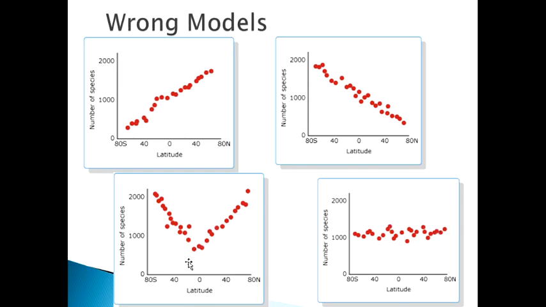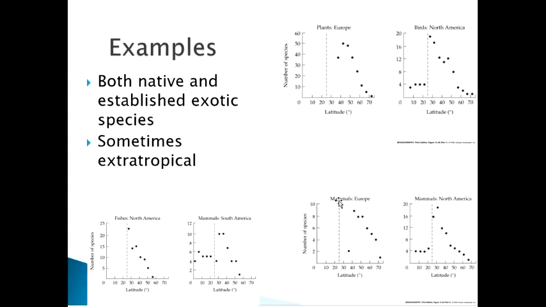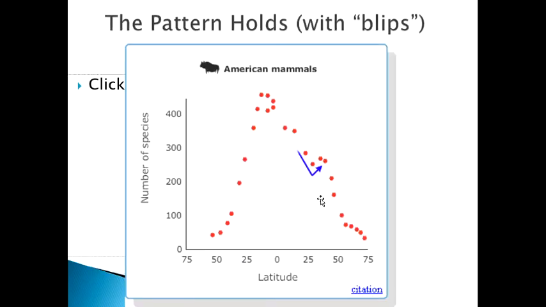There are anti-tropical or extratropical organisms. Just a few examples. I'll let you also see these in your textbook: plants, birds, mammals, etc. And with more support than not, the pattern holds. Typically there might be little blips, like you see in this plot of American mammals, both North and South America, which has a little blip here in the south, but whatever.